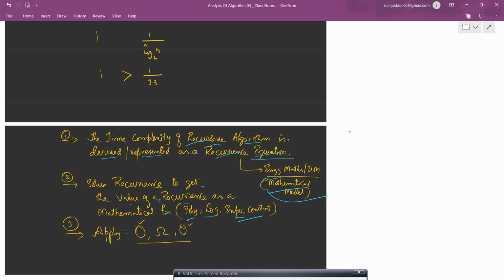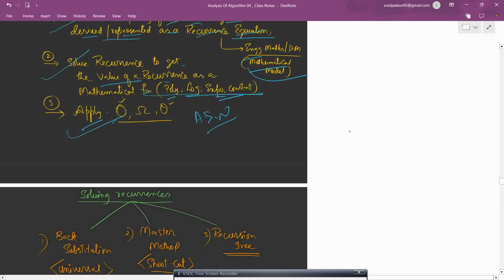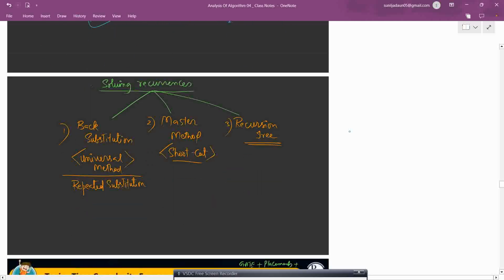Then we can apply the asymptotic notations. So first we have to represent the time complexity as a recursive function, then solve that recurrence to get a value in a mathematical function, then apply the asymptotic notations.